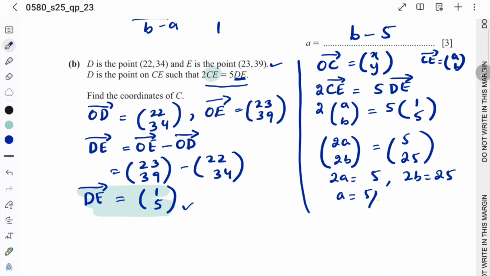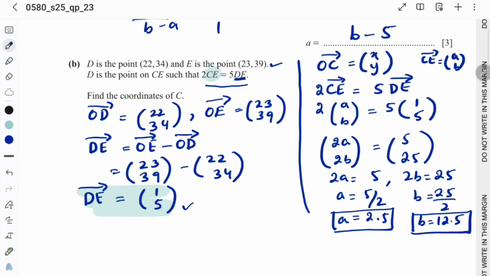So a is 5 over 2 and b is 25 over 2. If I take it in decimals, then a is 5 over 2, which means 2.5, and b will become 12.5. You can use fractions or decimals.